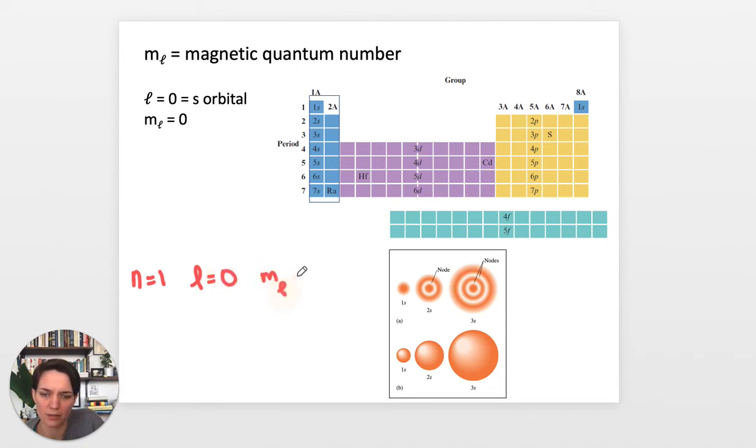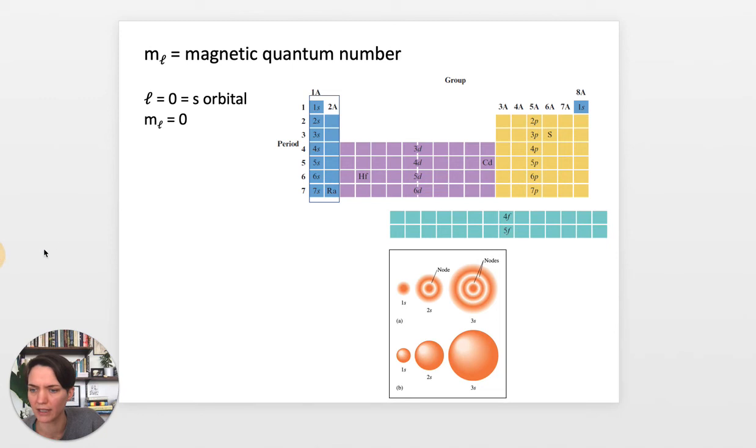ML would also equal 0 then. However, if n equaled 2, L could have 2 possible values. L could be 1 or it could be 0. So if it was 0, then our ML would be 0. But if L equals 1, ML could be -1, 0, or 1. So you have these 3 possible lobes it could fall into.